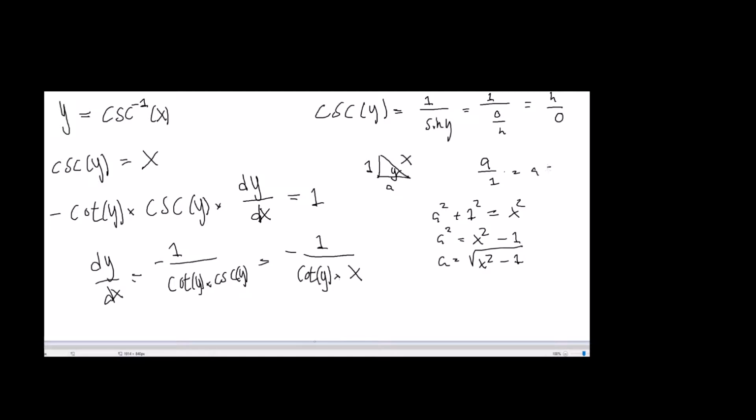So therefore cotangent of y is a over 1, which is equal to a, which is just the square root of x squared minus 1. So of course this would just be negative 1 divided by x, as we have here, multiplied by the cotangent, which is the square root of x squared minus 1.